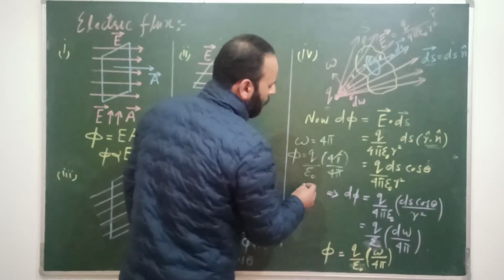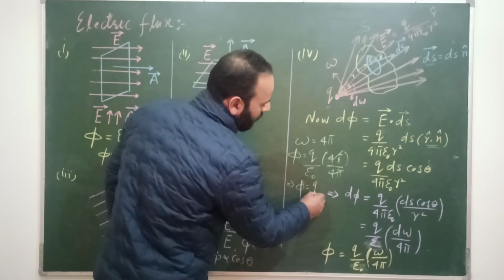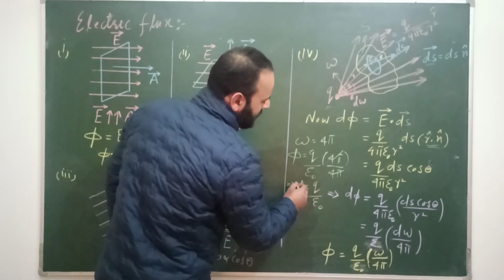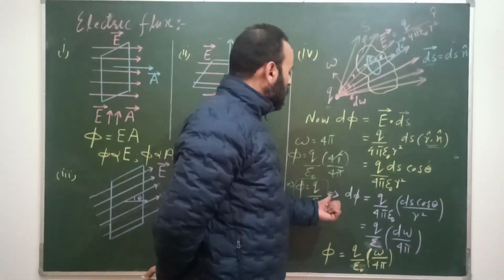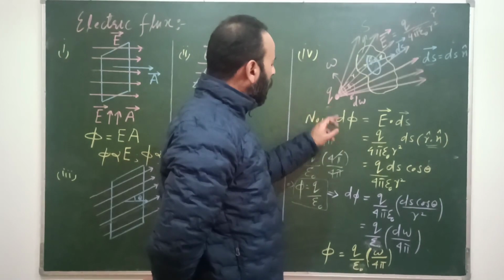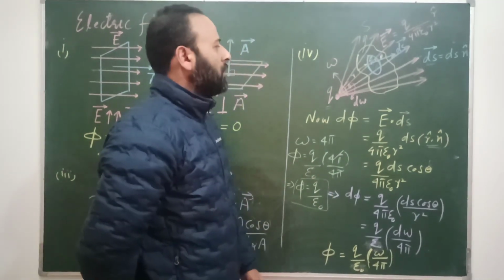So this 4 pi cancels. So what we get here is phi equal to q divided by epsilon naught. So this is the famous Gauss's theorem, that is, the flux through any closed surface enclosing certain charge is equal to the charge enclosed divided by epsilon naught.